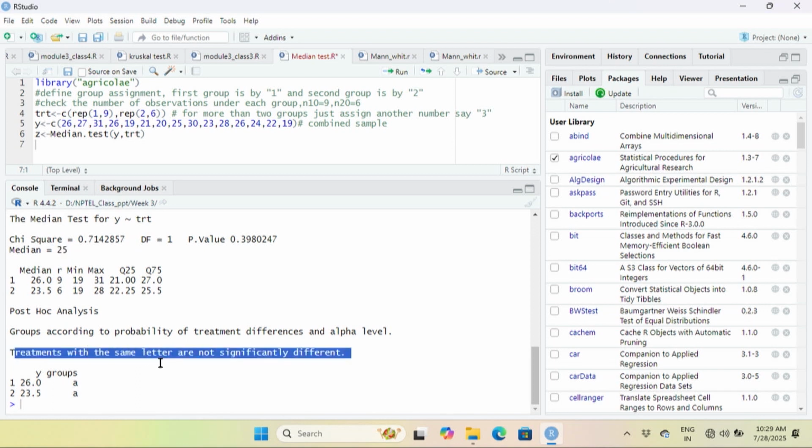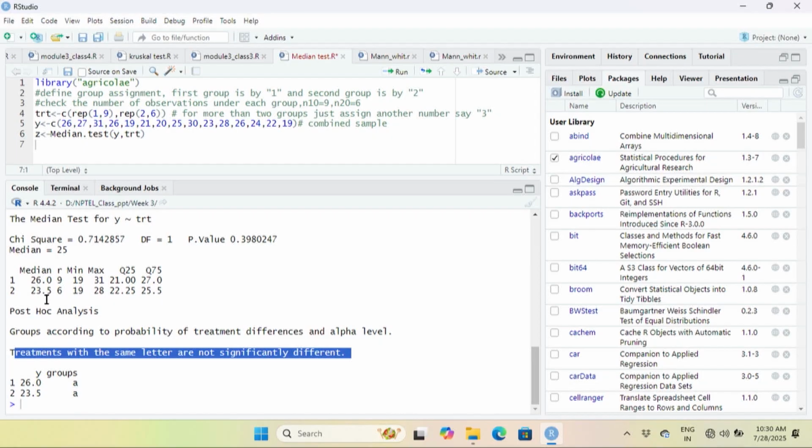The treatments with the same letter are not significantly different. That's how you have to read the post hoc analysis. So in this group, you see A and A, that means first group as well as second group. First group is 26 median. You can always make a verification from that median 5-point summary.